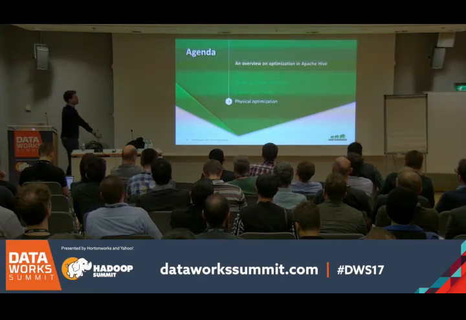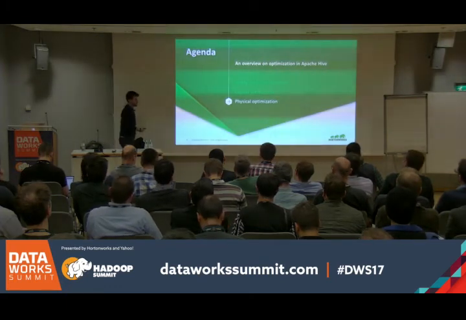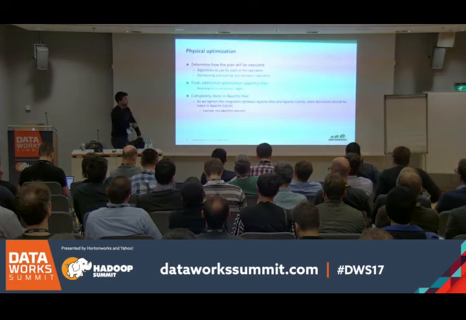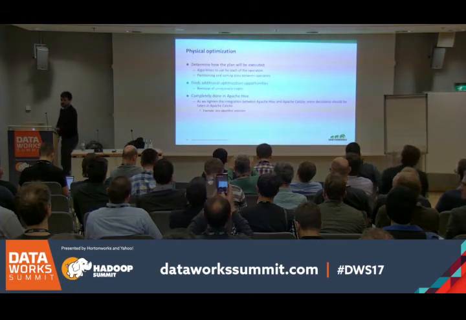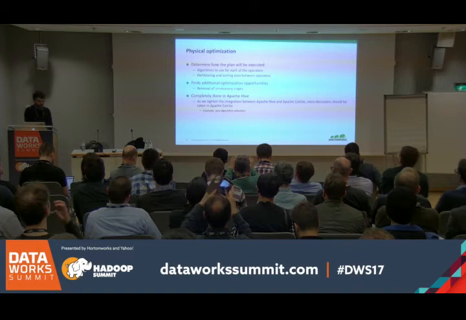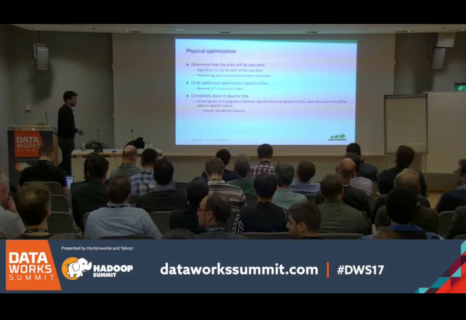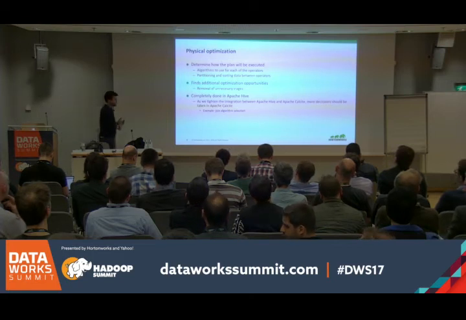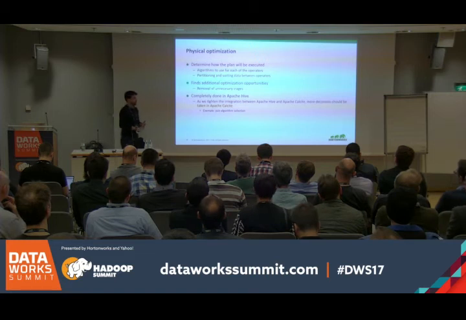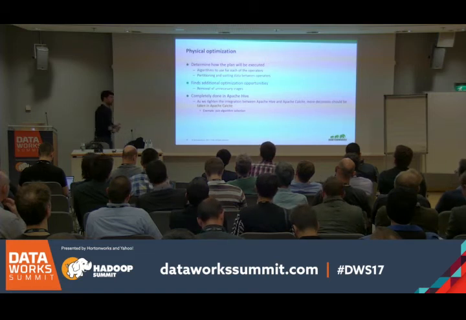Now let's move to physical optimization. There are some parts of optimization that are done at the physical level. With physical optimization, we want to determine how the plan will be executed, in particular which algorithms to use for each of the operators, for instance, for the join.